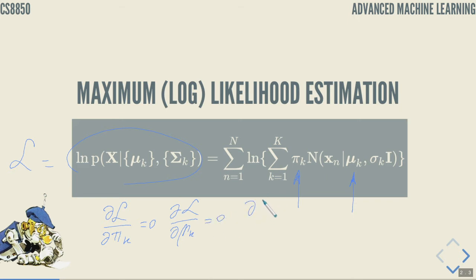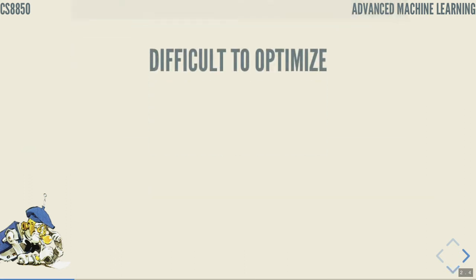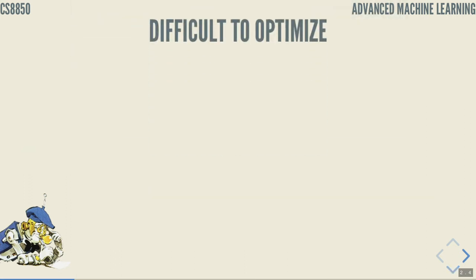Let's differentiate with respect to the sigmas and set it to 0. Solve this all together and be done and happy. Let me check my next slide. Yes, but this would be difficult to optimize. So remember the exponential family that we considered in one of the lectures.